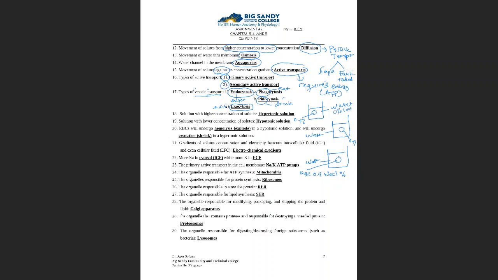So this solution is called the hypotonic solution. Why? Because this solution has lower salt compared to the solution inside the red blood cell. Therefore, it's called hypo. Hypo means lower. And for the second solution over here, we put salt and measure it until 0.9%.